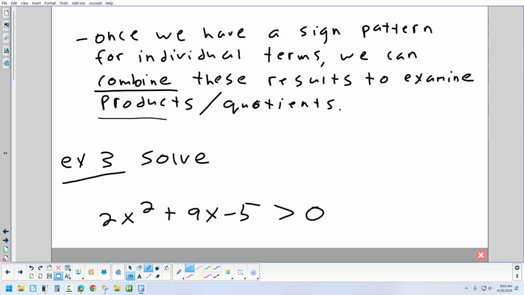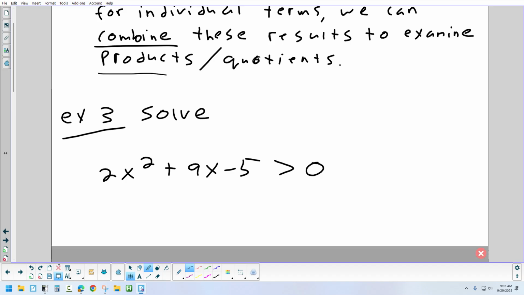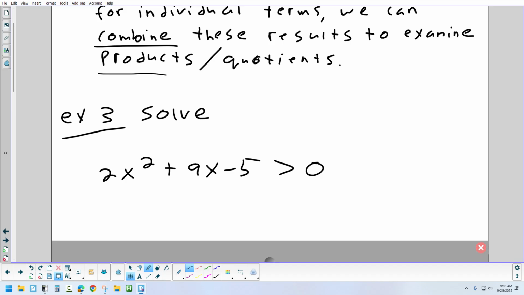Okay. So let's try solving our first quadratic inequality. Okay, and this will be factored. Okay, so first step, make our parentheses. And we are going to be looking for where something is greater than 0.